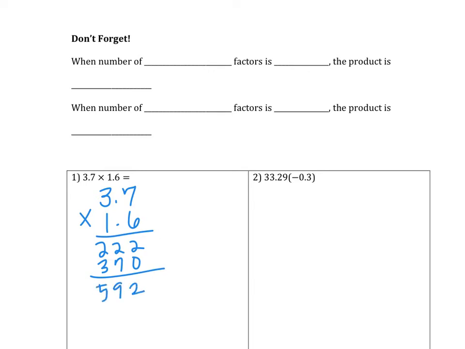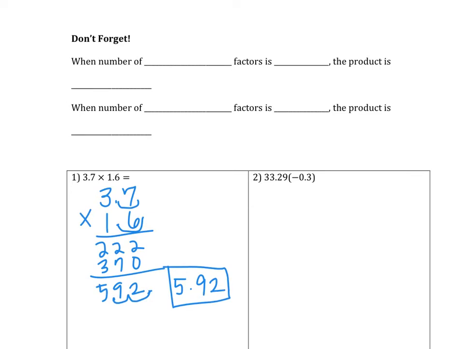So now I count the total number of decimal places in both the factors. I have 1 there, and then 1 more, so that's 2. So I start at the end of the number and I go 1, 2. So this answer is going to be 5.92.